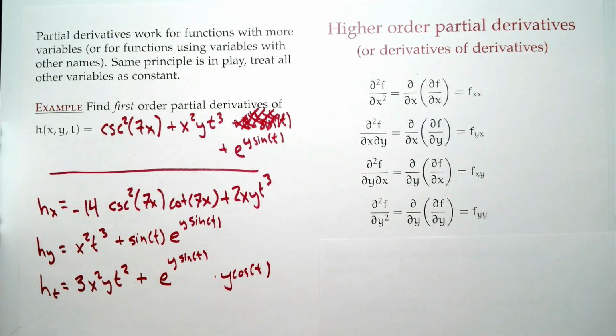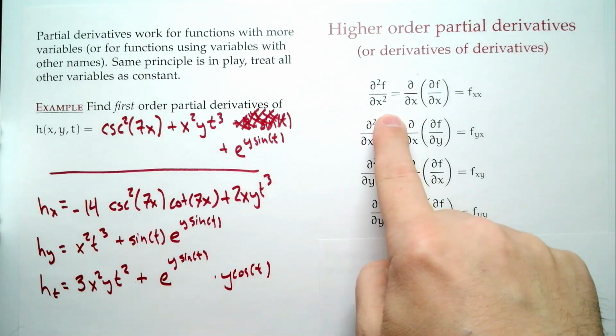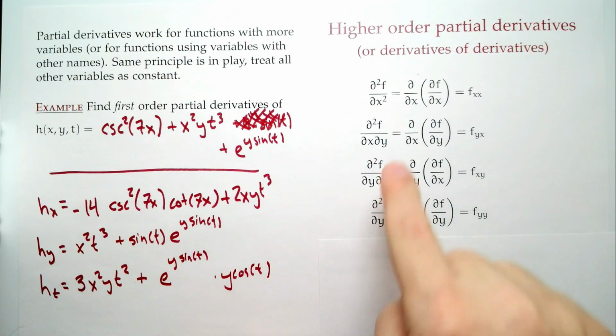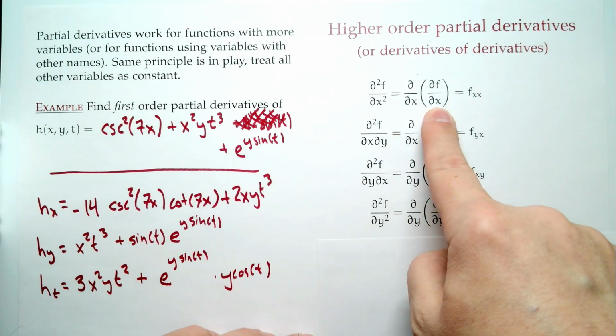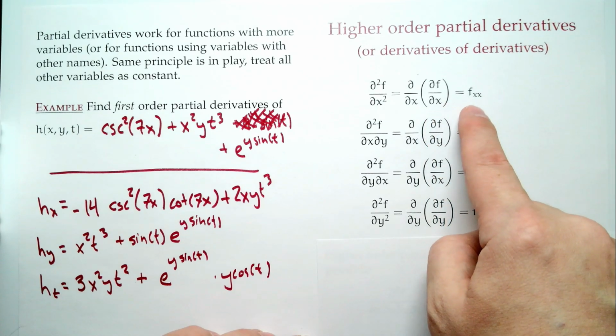Partial squared f, partial x squared. Well, they're all second derivatives, that's not a surprise. But what is it? It's saying take the derivative with respect to x of whatever you get when you take the derivative with respect to x. Now, in terms of subscript notation, fxx.